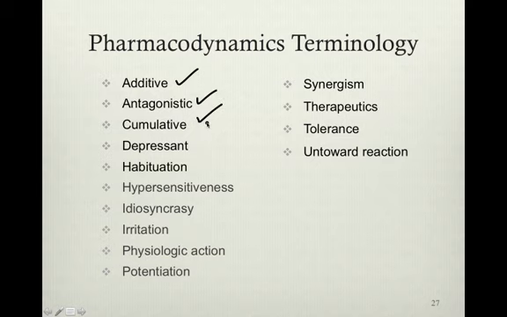Depressant. Depressant is a drug that depresses the body's function. Habituation. The act of becoming accustomed. To habituate to a drug is to develop physical tolerance to and dependence on the actual drug.